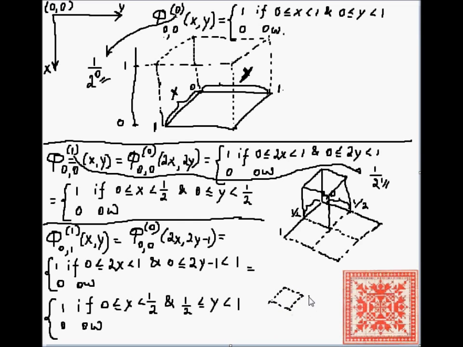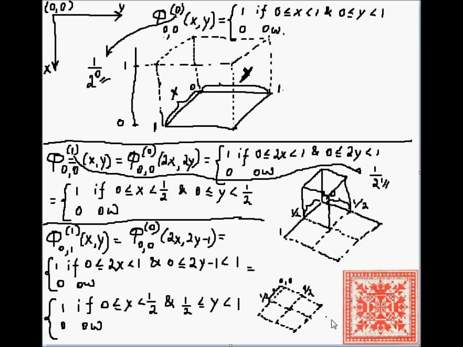Let's draw a sketch of this step function. This is our 2D plane, slightly rotated just for a better presentation. 0, 0, this is half on the x-axis, this is half on the y-axis, and the origin starts at 0, 1, so the origin of this function is right here.